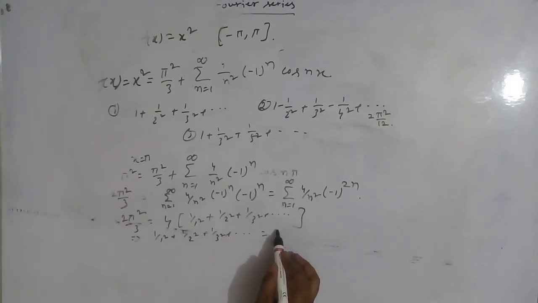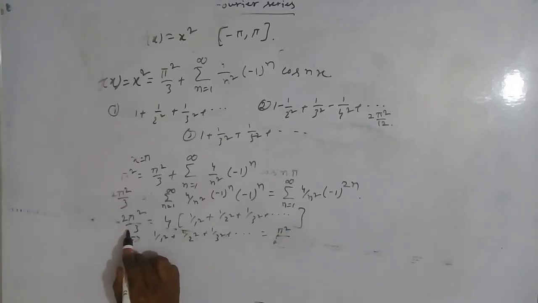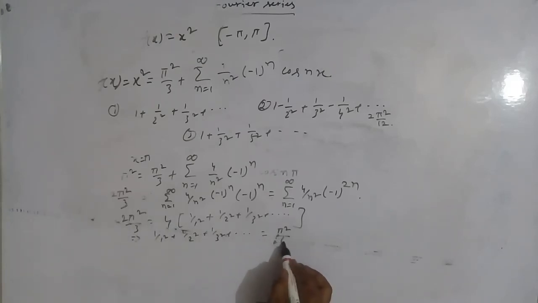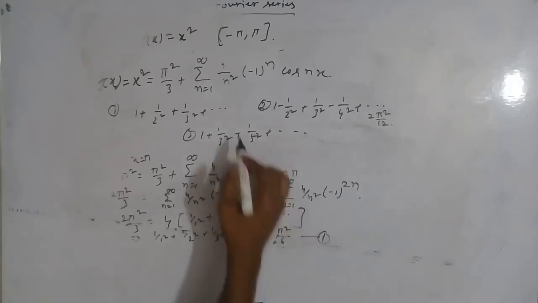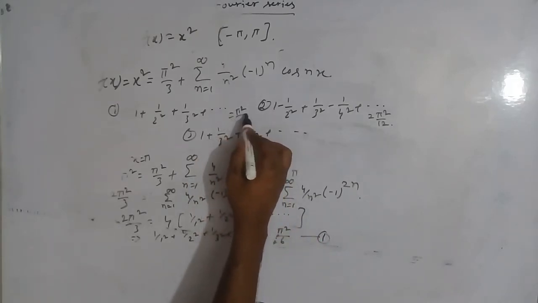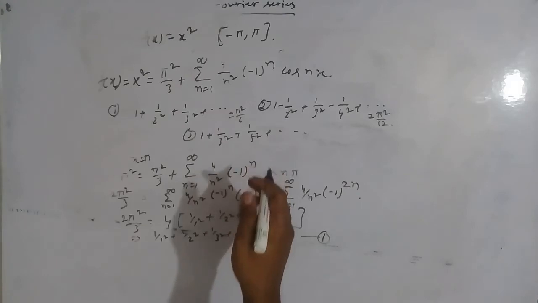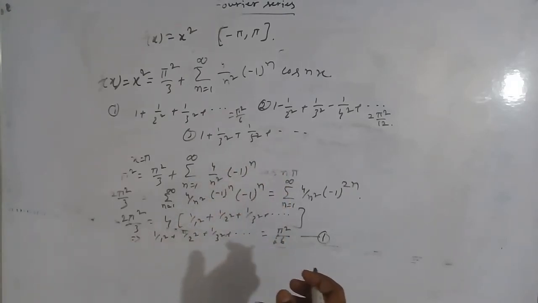This will be equal to pi square by 4 is being divided, so this will be pi square by 6. So this is the answer of series number 1. So this is equal to pi square by 6. So we got the values of series number 1 and series number 2.